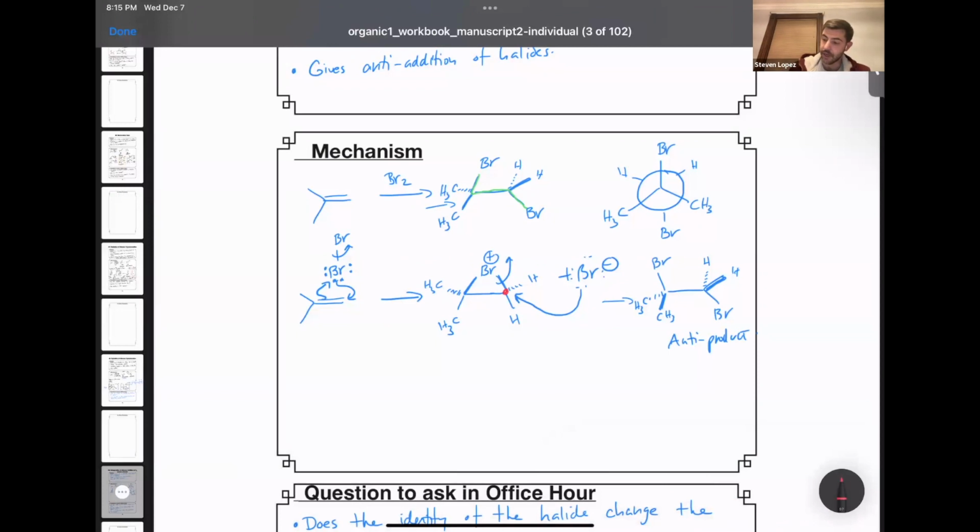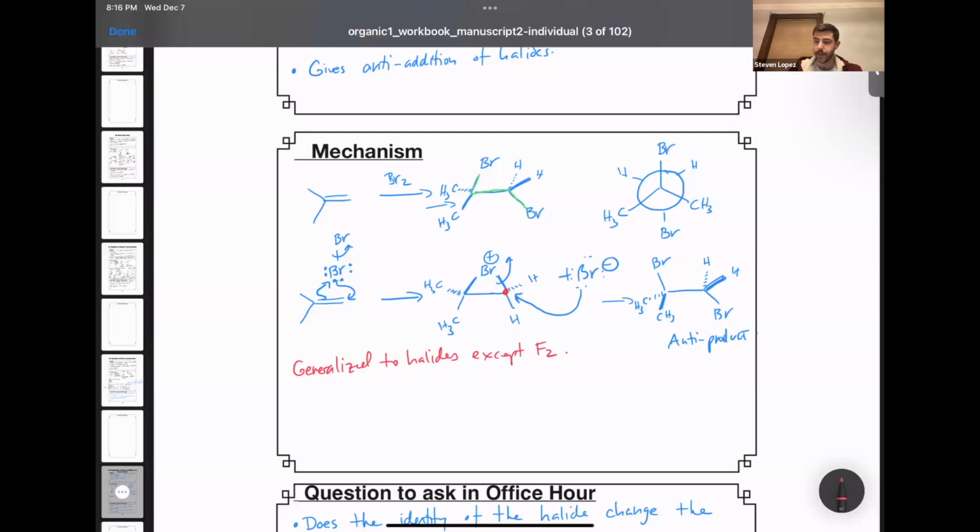And this reaction is generalized to halides, except for molecular fluorine. So this will work with chlorine, bromine, and iodine as well.